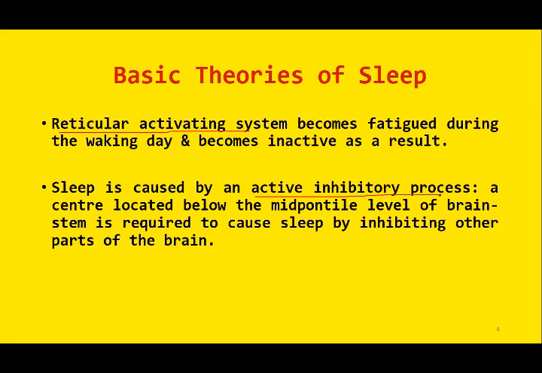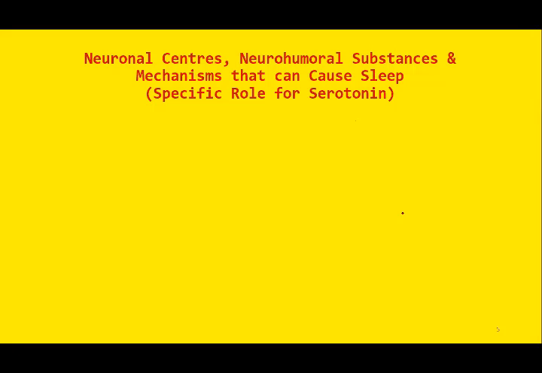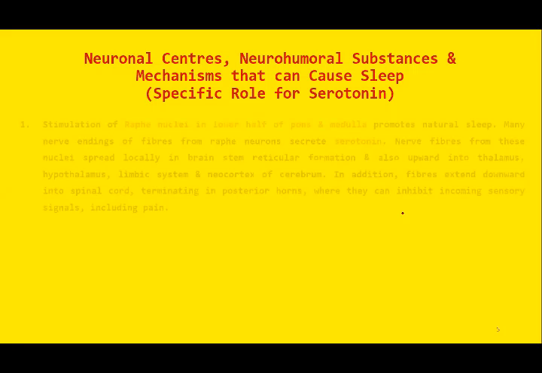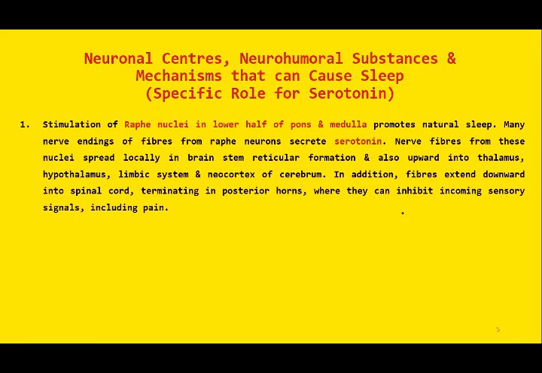The center of sleep is located at the mid-pontine level of the brainstem. Now, what is the role of different neurohormonal substances and neurotransmitters in sleep? What are the different neurotransmitters that promote sleep or cause sleep? One of the neurotransmitters is serotonin.